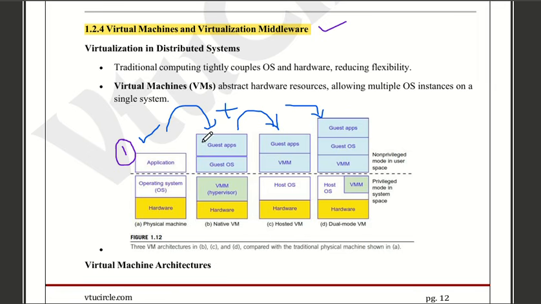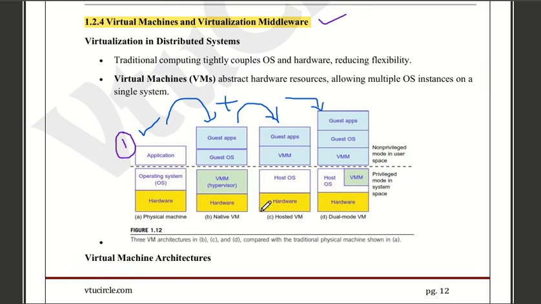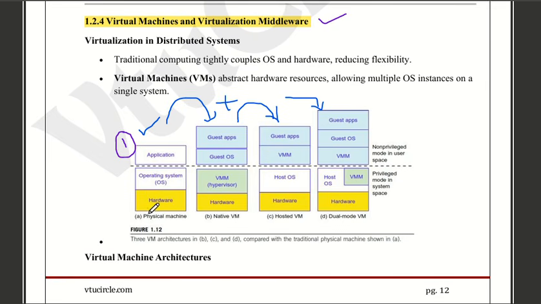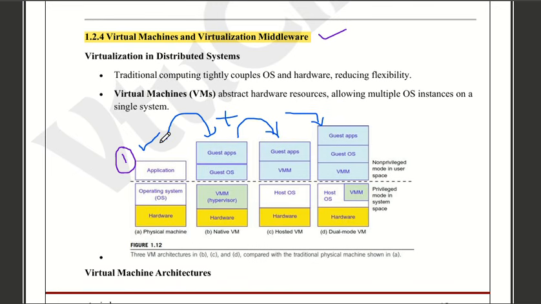You just need to draw these four architectures and explain. It is simple: there are two modes, a non-privileged mode in the user space and a privileged mode in the system space.